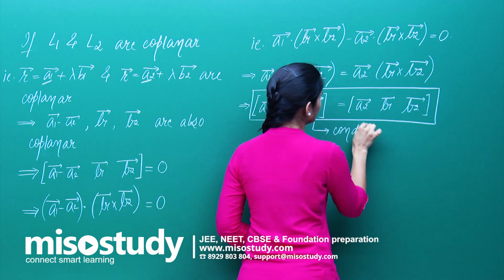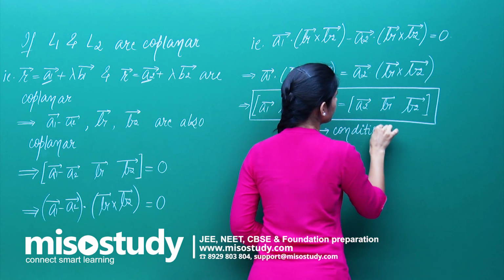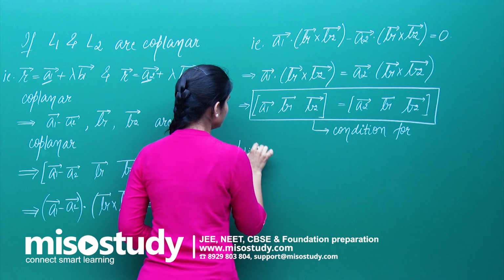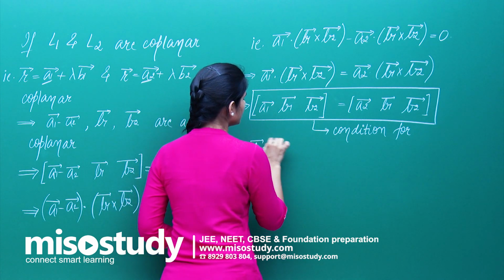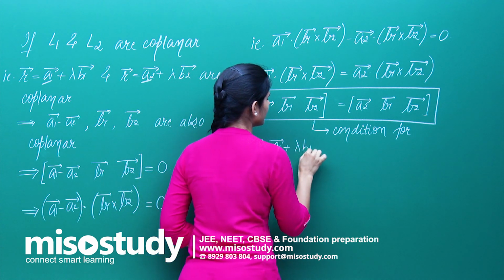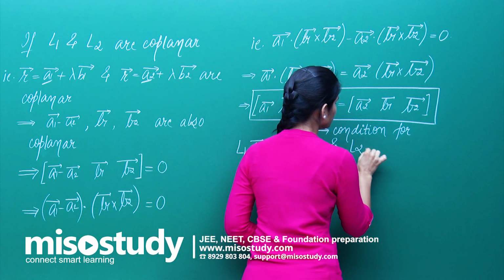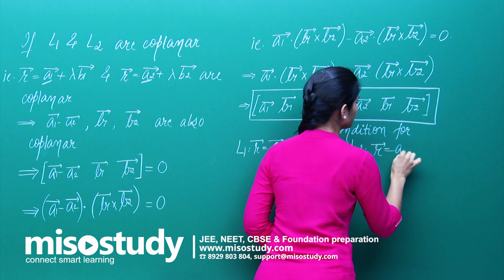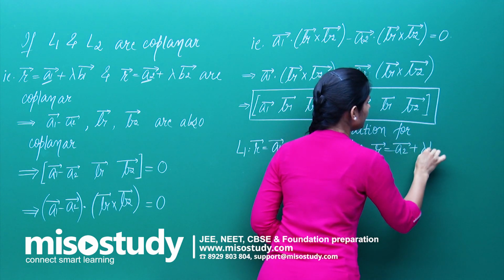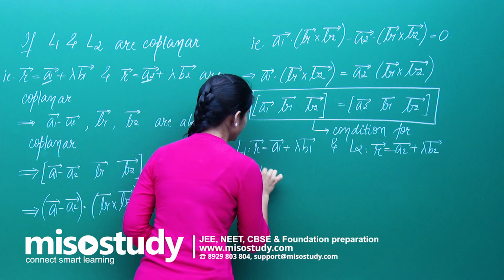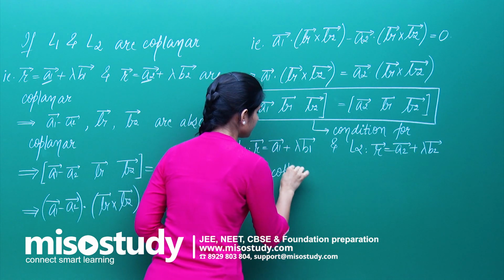This is the required condition for line 1, which is R vector equals A1 vector plus lambda times B1 vector, and line 2 whose equation is R vector equals A2 vector plus lambda times B2 vector to be coplanar.